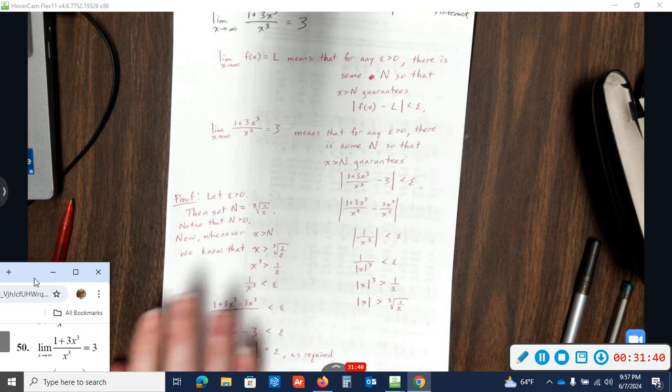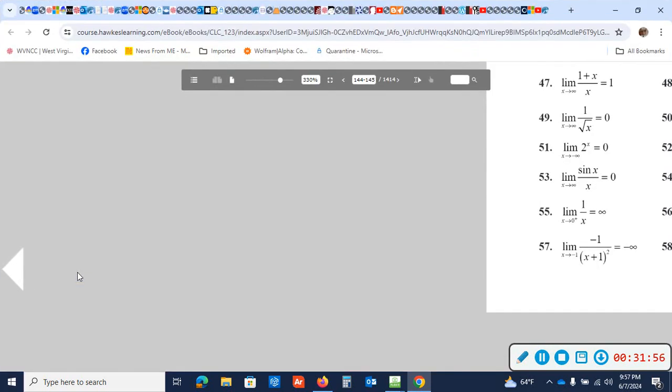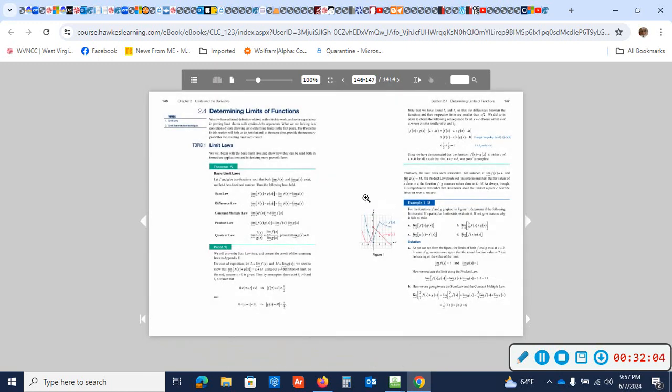I do think it's worthwhile to do this a few times, which is why we have section 2.3. But I don't want to have to be doing this all the time, which is why there's section 2.4. Section 2.4 says, you know what, now that we've walked through the definition, let us do it an easier way.